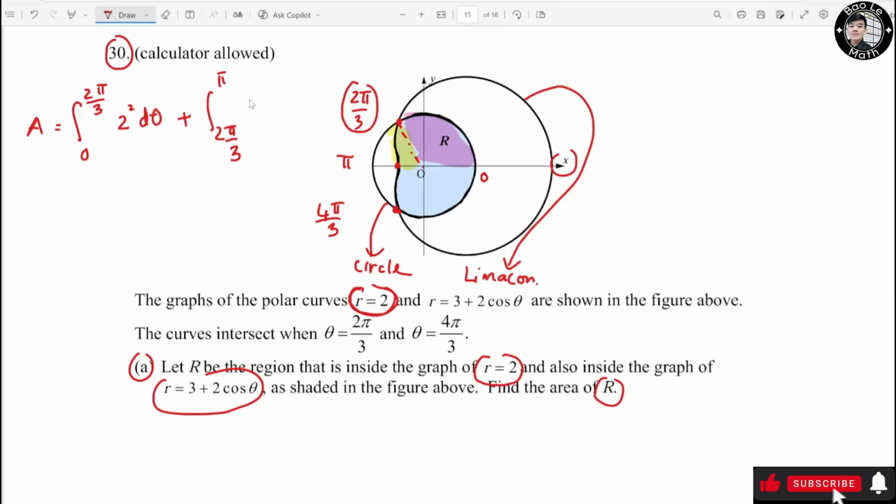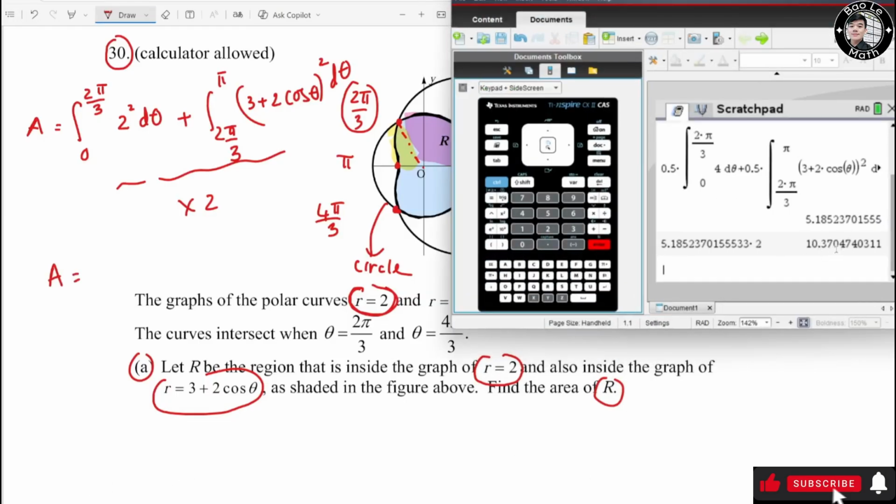So we have 3 plus 2 cosine theta altogether squared d theta. Whatever you get right here, you need to multiply by 2 to get the whole thing. So we're going to bring up the calculator.